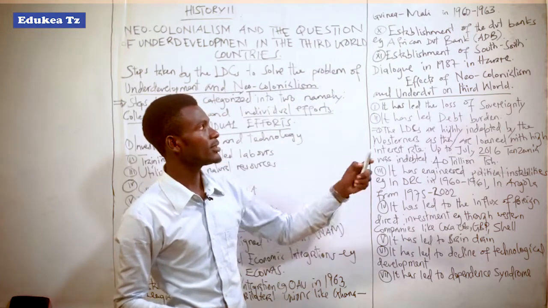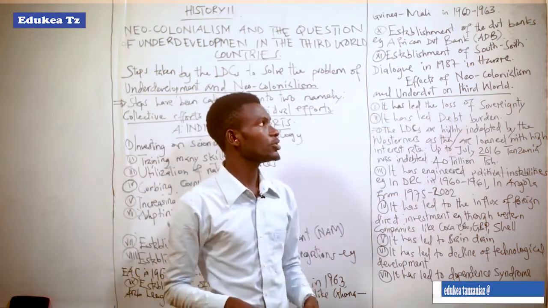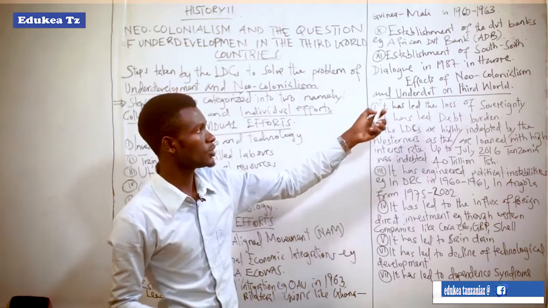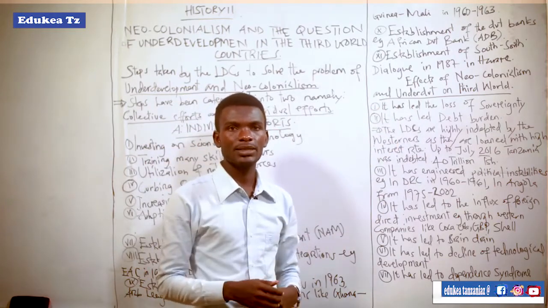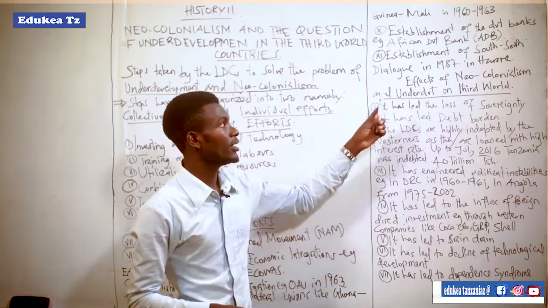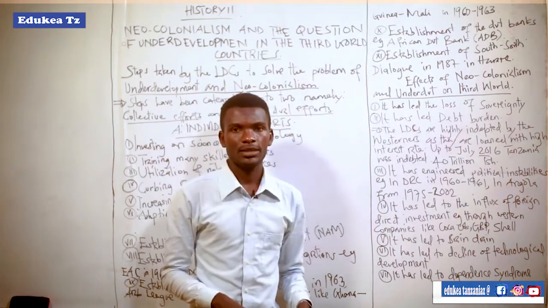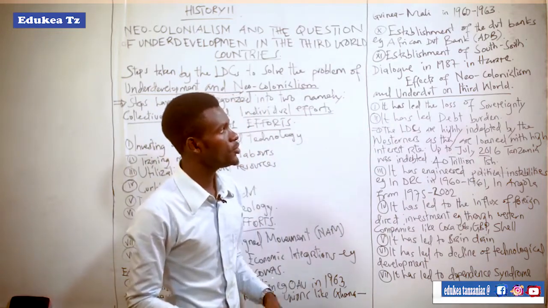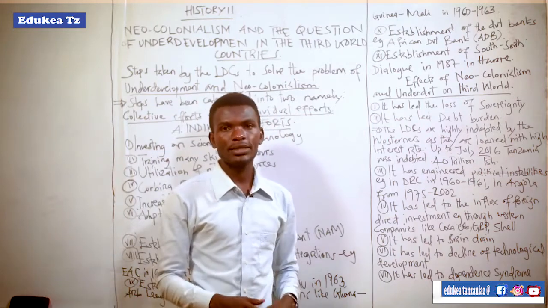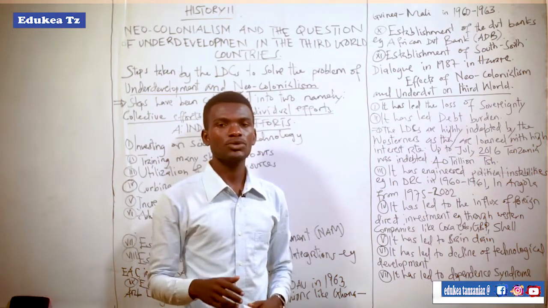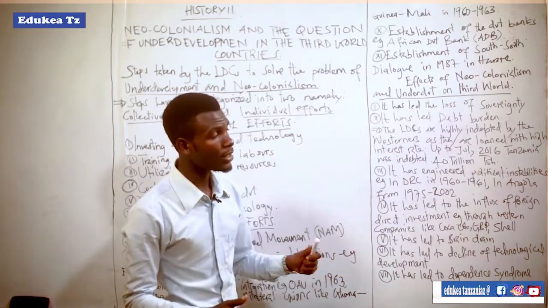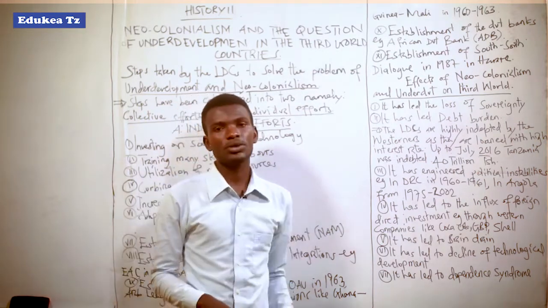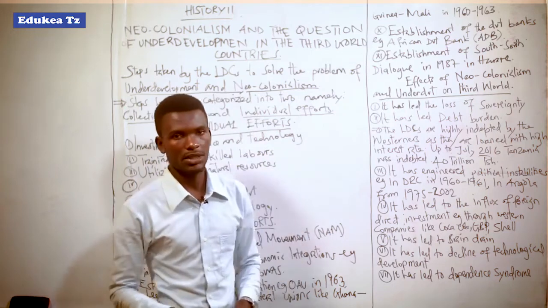So you can see that this South-South dialogue that took place in 1987 officially started to operate in 1989. It was intended on assisting the southern hemisphere countries in Africa so that they can escape from new colonialism and underdevelopment.